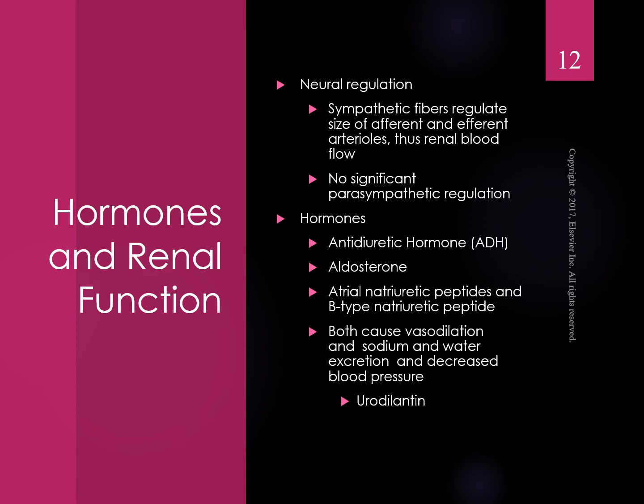Hormones and the renal function. So the sympathetic nerves release catecholamines. This stimulates afferent renal arterial vasoconstriction and decreases the RBF and the GFR. Sorry about that. And it increases renal tubular sodium and water reabsorption and increases blood pressure.